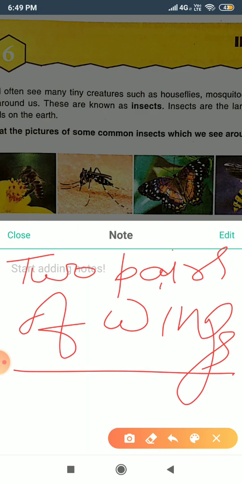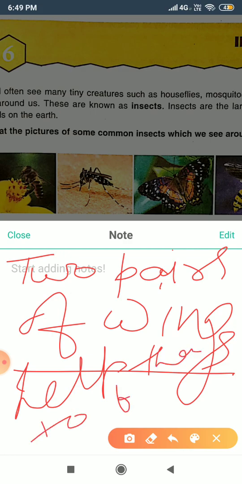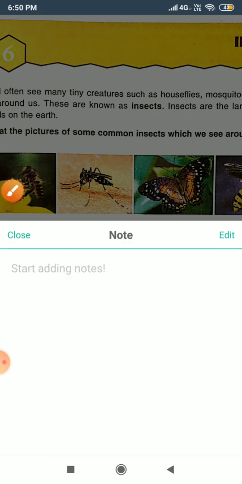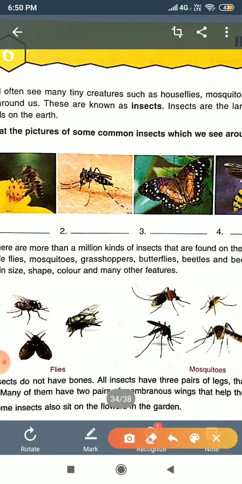So you will keep in the mind that insects have 3 pairs of the legs and 2 pairs of membranous wings that help them to fly. So with the help of the wings they can fly.